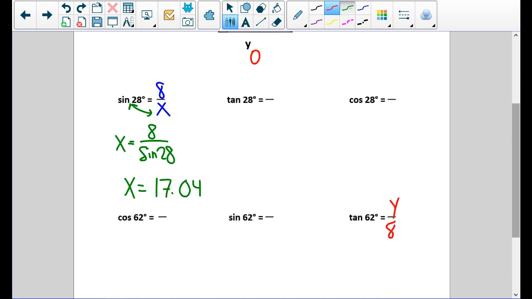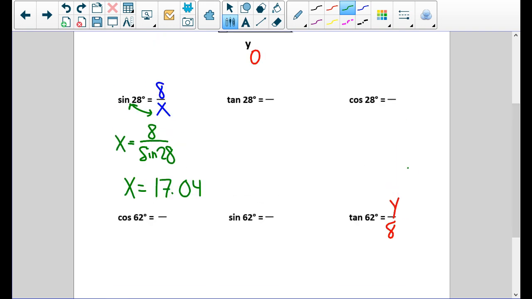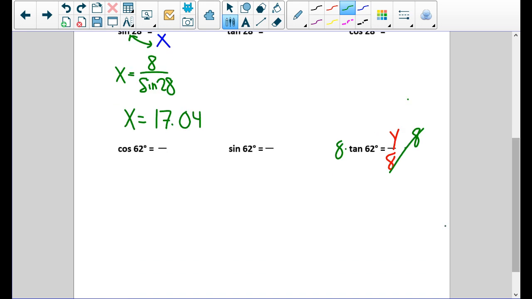How do I solve now? Times 8. Multiply both sides by 8. So that's what we're plugging in our calculator, 8 tangent 62. And what do we get? 15.05 if we want to round that up.